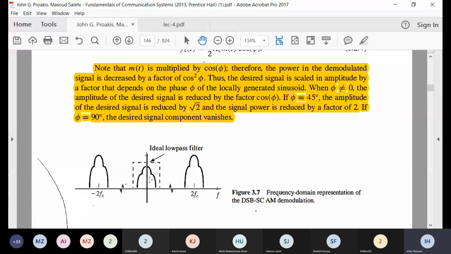Because remember that now the original signal had a carrier also, so it will be coming everywhere, but these will be neglected by the low pass filter, while this will be passed by the low pass filter. There will be a carrier also at its center.